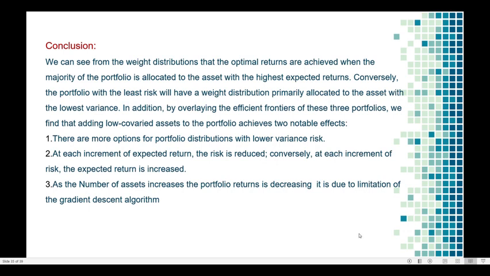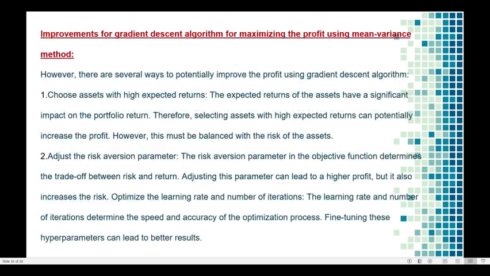So how can we improve the gradient descent algorithm for maximizing the profit using the same mean variance optimization? Firstly, we need to choose the assets with the highest expected return.